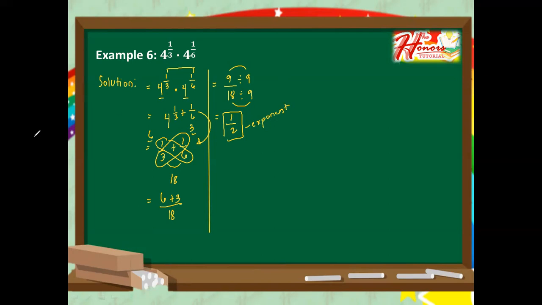Now let's have the base that we have set aside earlier. So that is 4. So let's have 4 here raised to 1/2, which is the exponent earlier that we have solved. And then we have to change this into radicals. Our base, which is 4, should be our radicand. So we will place it here.